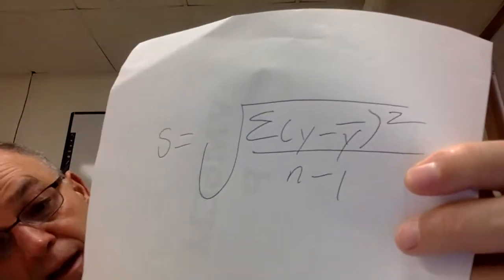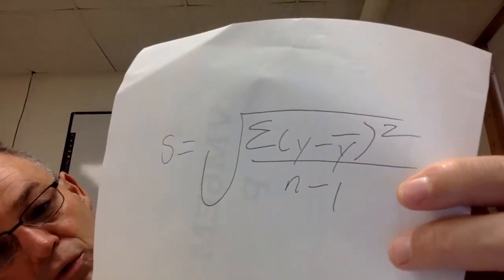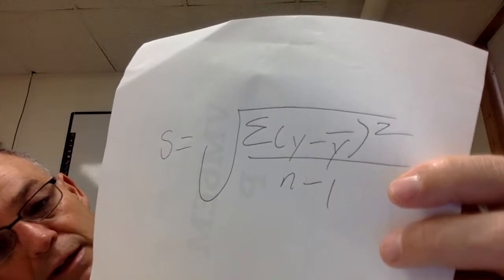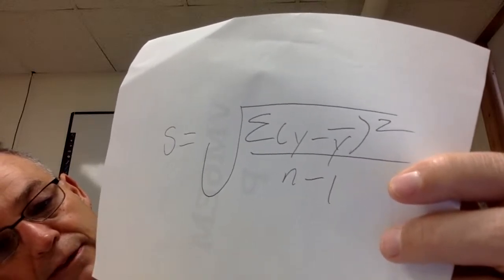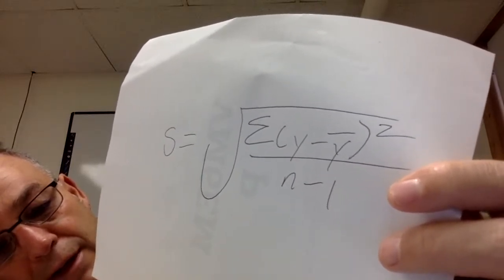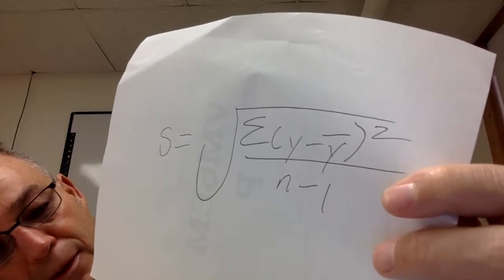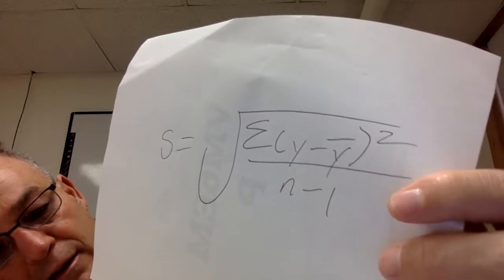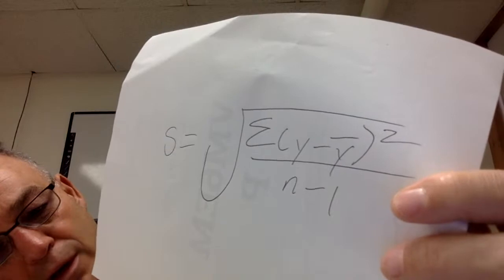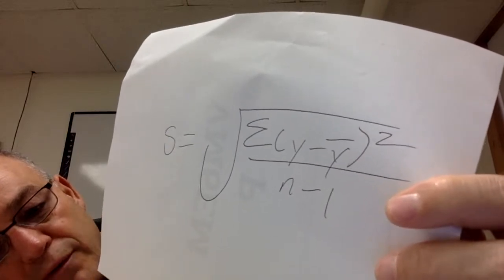There it is right there. S equals the square root of the summation of all the data points y minus the mean squared divided by n minus 1. And then you take the square root of the whole thing. That's the formula for that. That also can be found under one variable statistic.